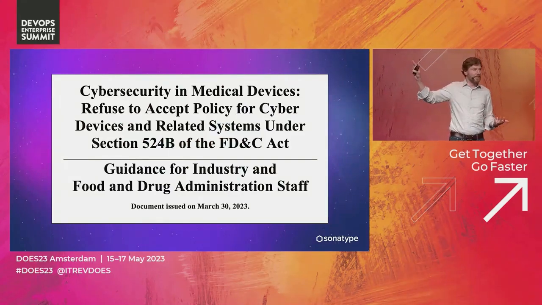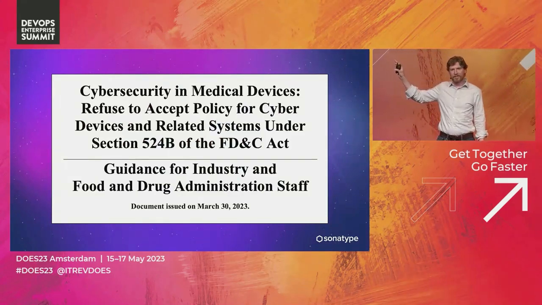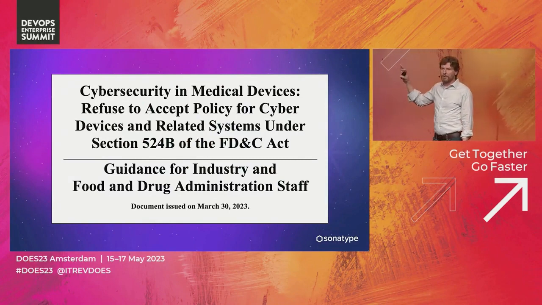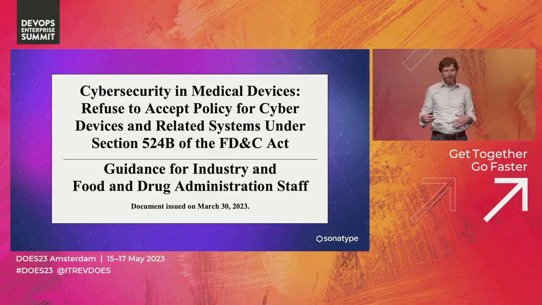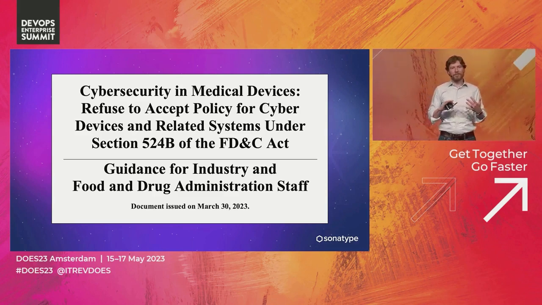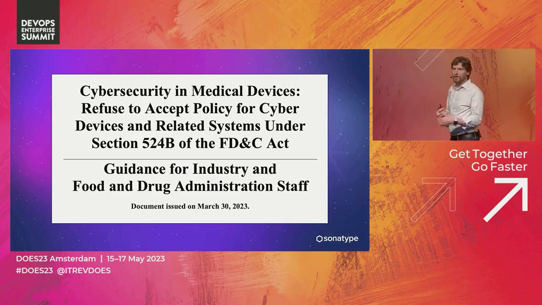And in fact, the FDA, the US agency that's in charge of regulations for medical devices, has acted. About 6 weeks ago, they issued guidance saying they are now reserving the right to fail to approve devices if they have cybersecurity issues, or if the manufacturer is not following best practices.